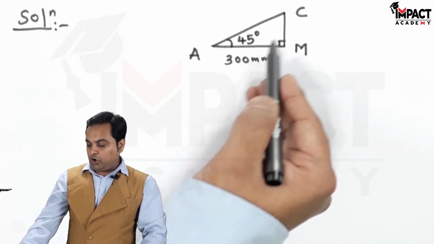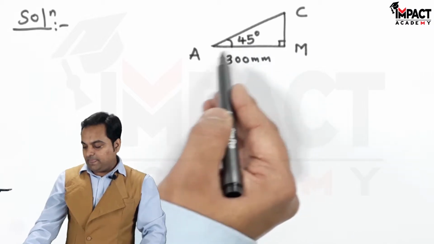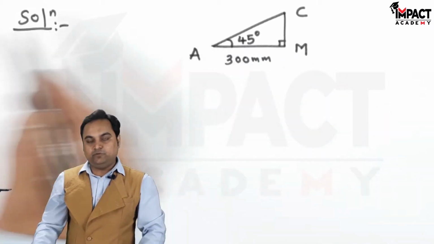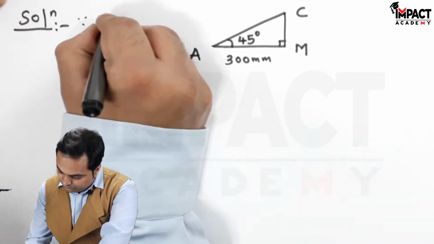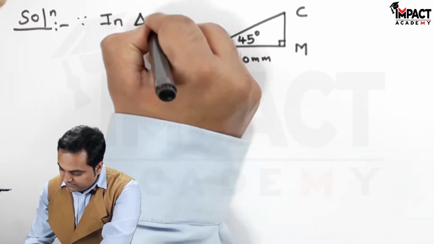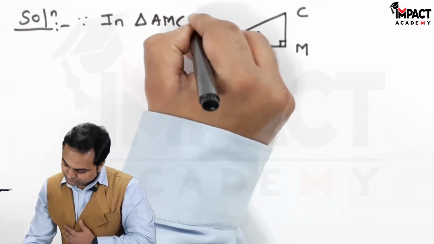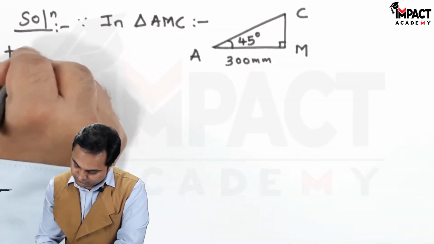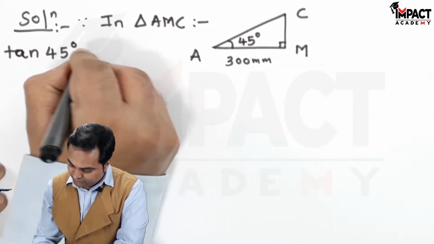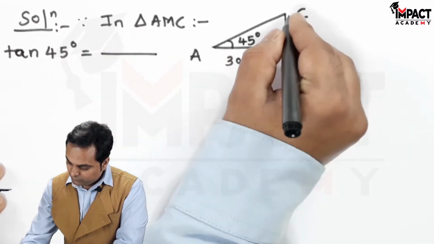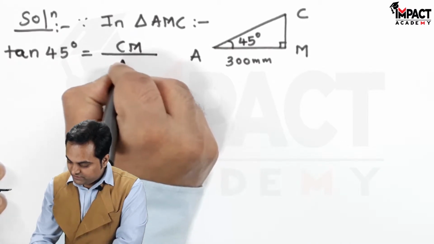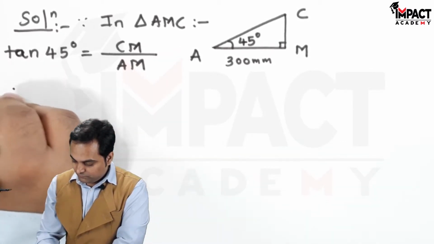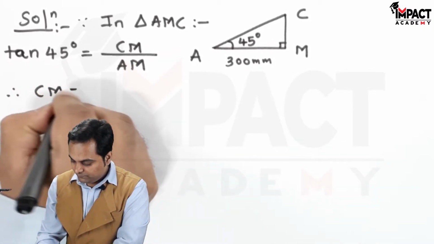CM is the opposite of this angle, and here this is adjacent side, so I would be using the formula of tan, that is, since in triangle AMC, tan theta, that is tan of 45 degree, is opposite side, which is CM, upon the adjacent side, which is AM.